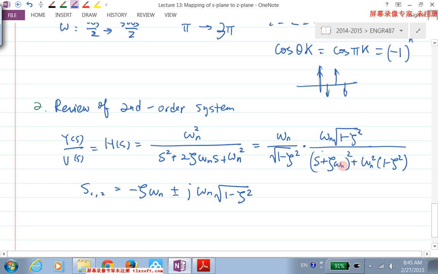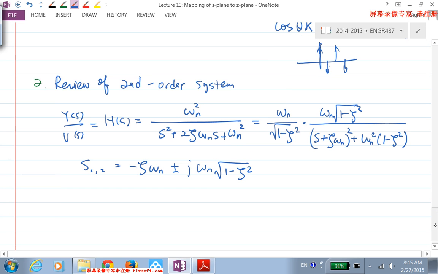If you set the denominator to 0, you get the poles like this. Typically we call the real part sigma, and this one here we call omega d.